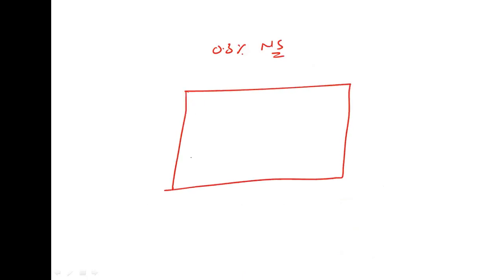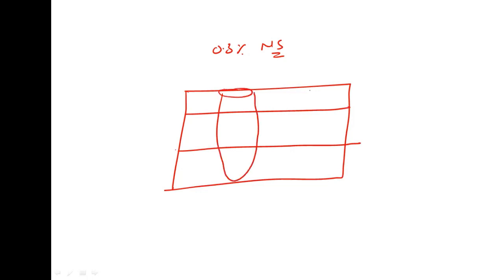You have to take 0.3% normal saline. Then place a paper, and over the paper, you have to place tubes. Right?